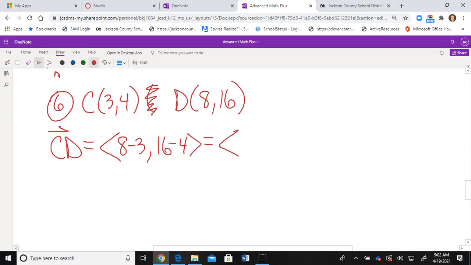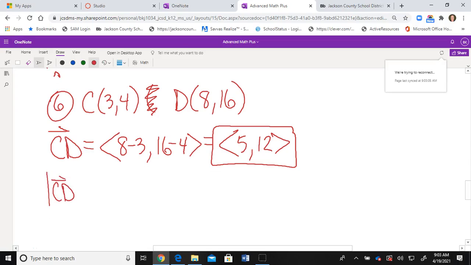That is 5, 12. Hey, on the test, do we have to write out how we're subtracting them, or can we just write 5, 12? That's fine, but just make sure when you get the magnitude, you plug it in. Okay. Everybody good? For my magnitude, we do not have to find the direction of these.